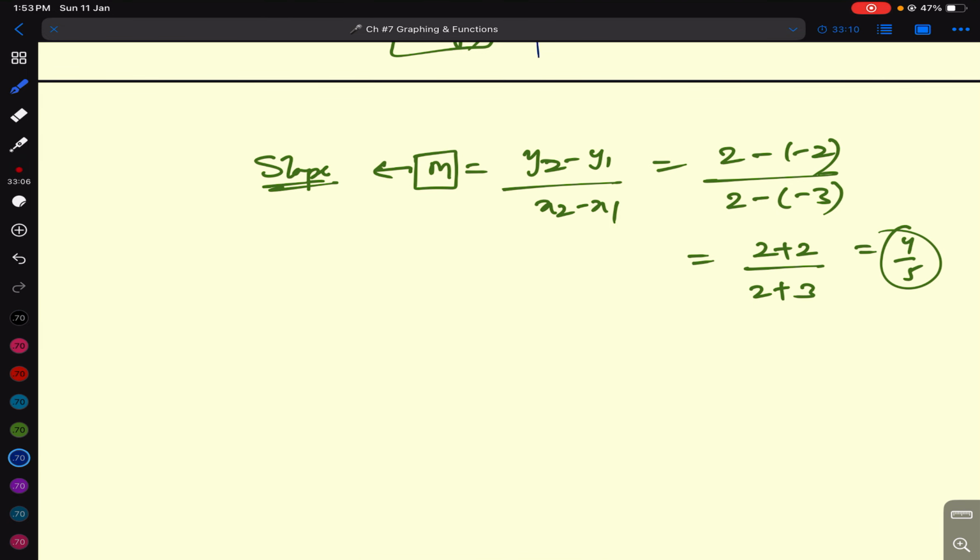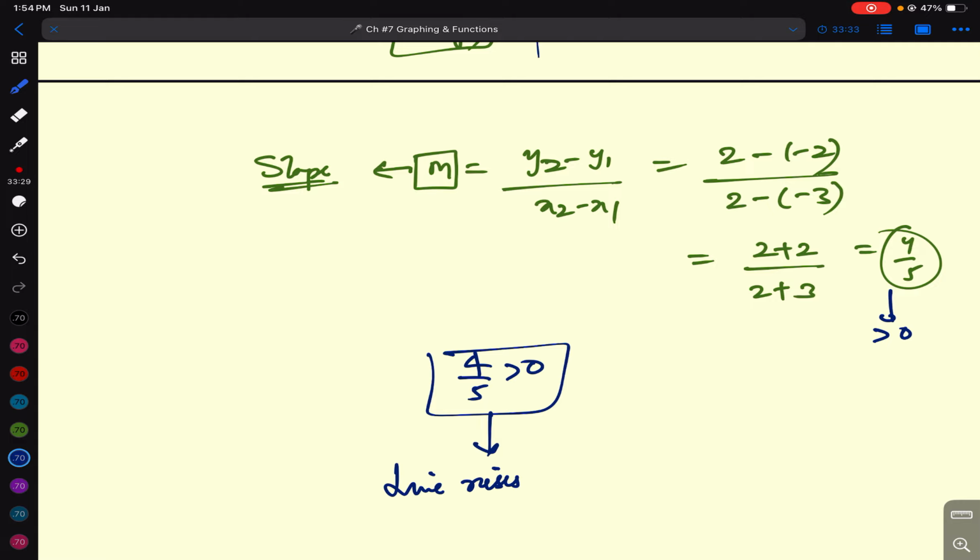Now if you see this slope, this is a positive value, right? We know that 4 by 5 is greater than 0. So what does this positive slope indicate? This positive slope indicates that the line rises from left to right.